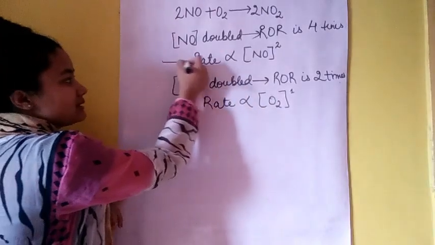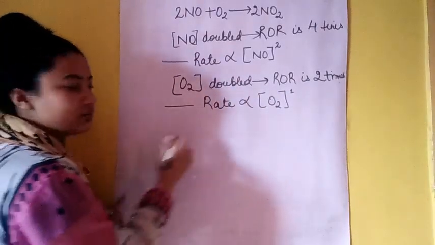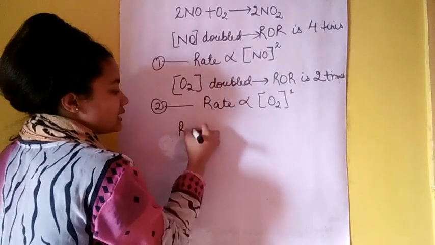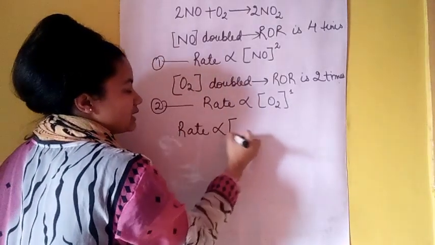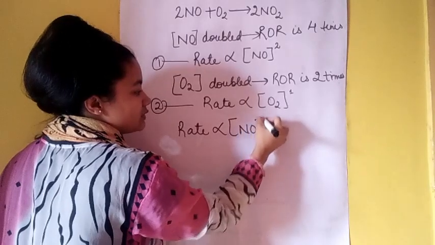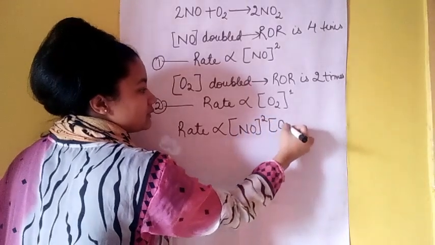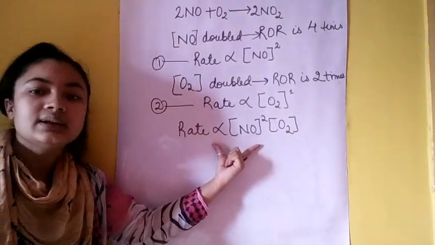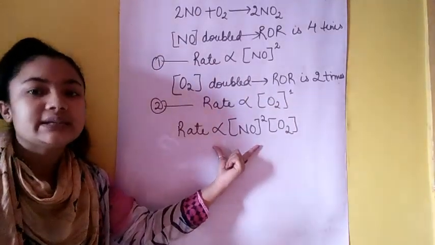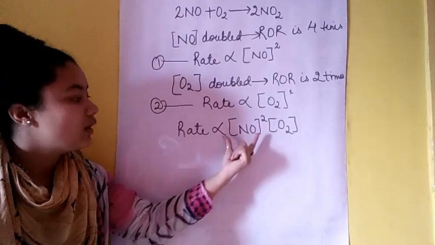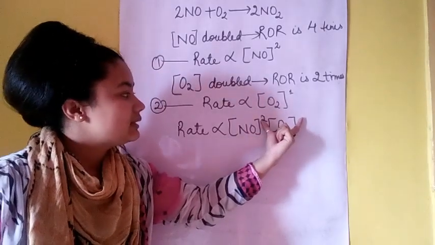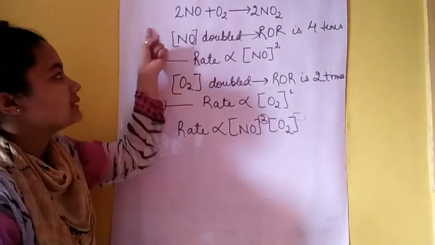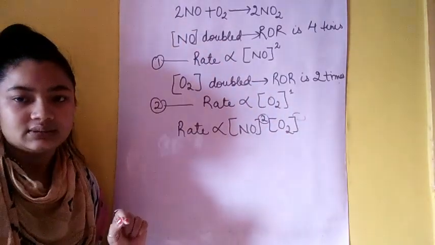Now if we combine this equation and this equation, this is 1 and this is 2, we observe that rate is directly proportional to the concentration of NO raised to the power 2 and the concentration of O2 raised to the power 1. So this is the experimentally determined rate, and in this the exponents are the same as the stoichiometric coefficients, right?